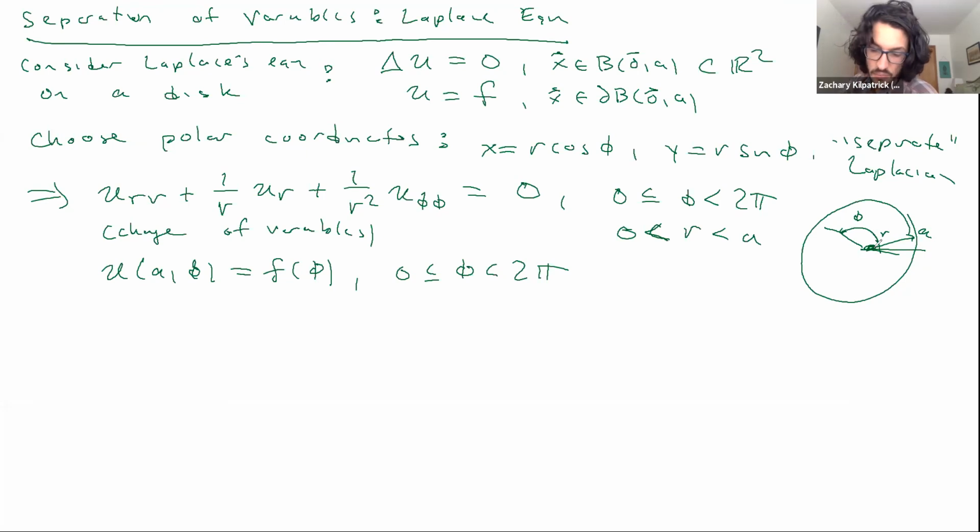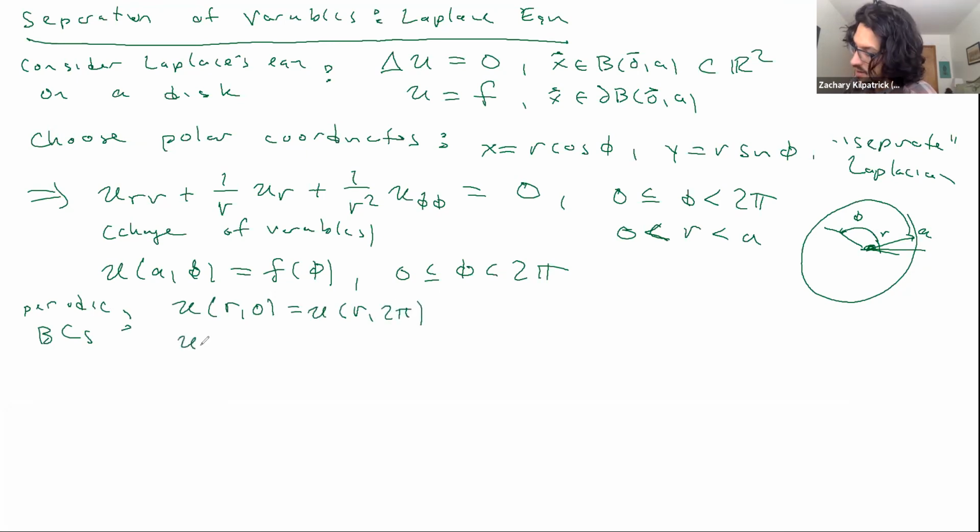So it's enough to just require once continuous differentiability with periodic boundary conditions. Okay, and so our periodic BCs are going to be u along r, 0 is equal to u along r, 2 pi, u sub phi at r, 0 is equal to u sub phi at r, 2 pi.